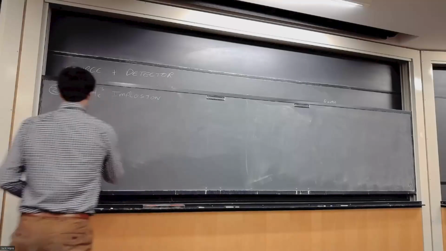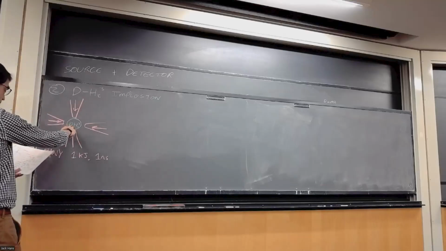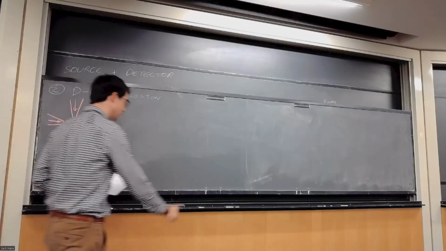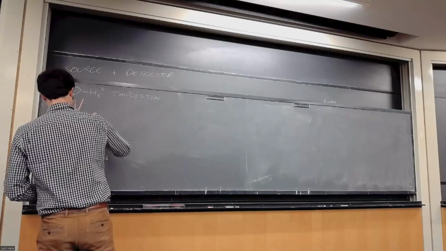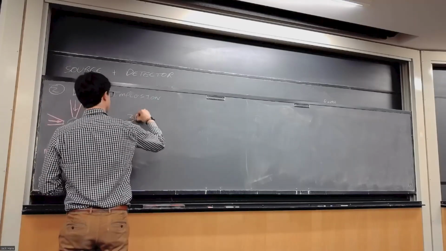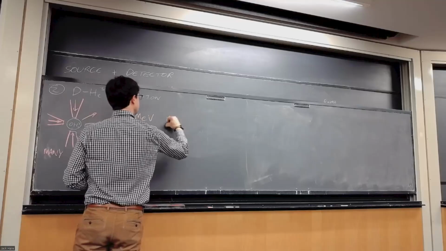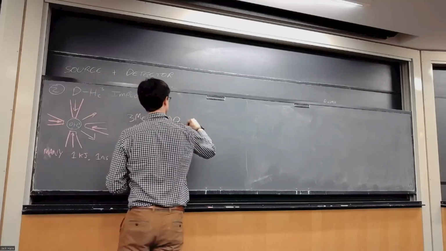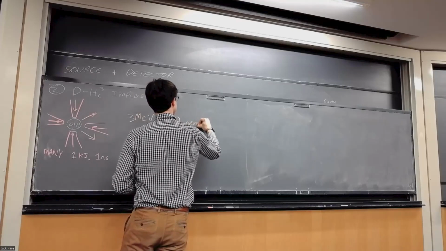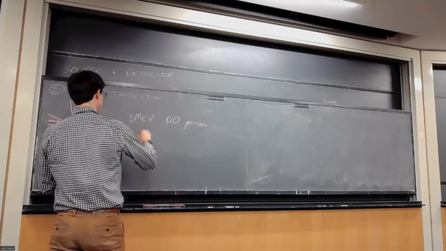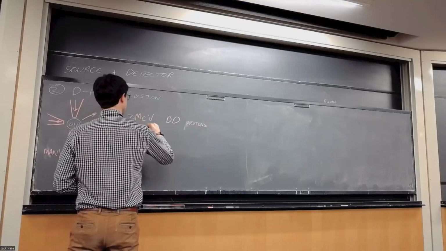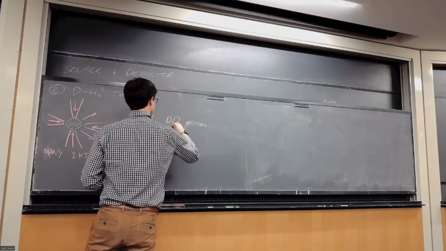The interesting thing is that this reaction produces 2 different energies, but only 2. We have the 3 MeV DD protons. Remember, we're not interested in neutrons. There may be neutrons coming out, but they're not being used for this diagnostic. And we have the 14.7 MeV D-helium-3 protons as well.